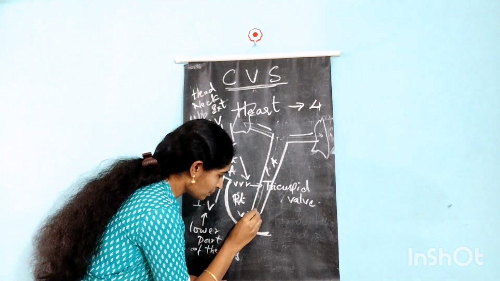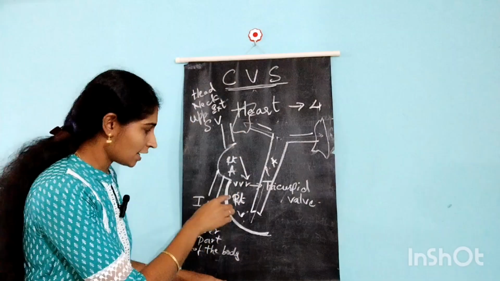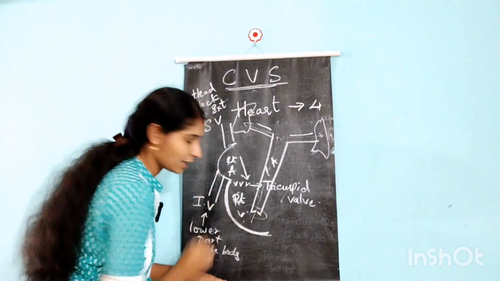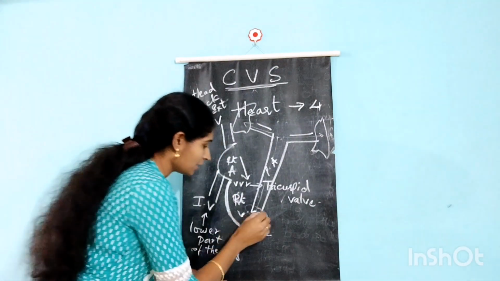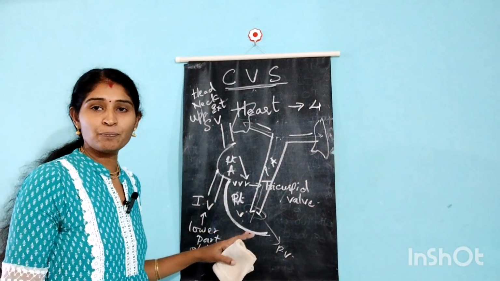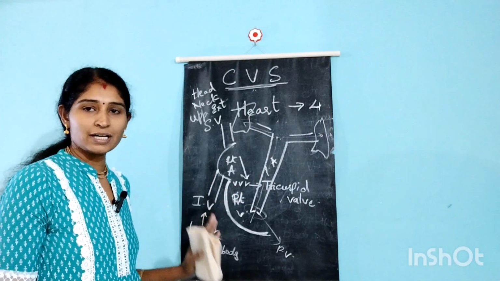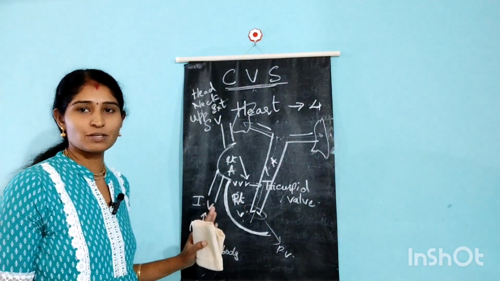The valve present at the opening of the pulmonary artery is called the pulmonary valve. Even this is there to prevent the backflow of the blood. Is this clear? The right side of the heart and the right side of the circulation is clear.